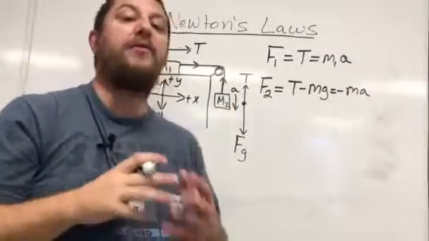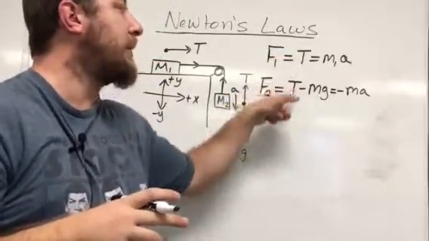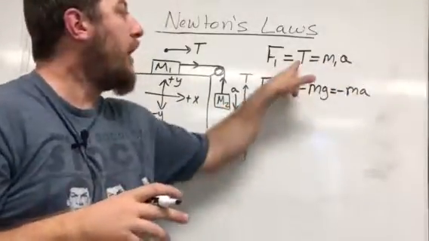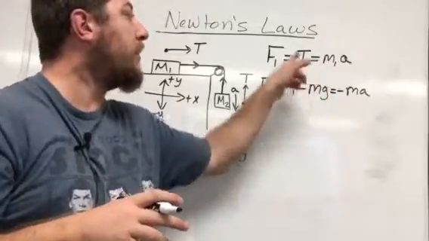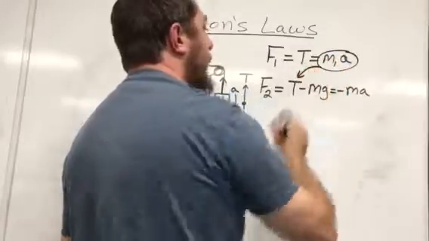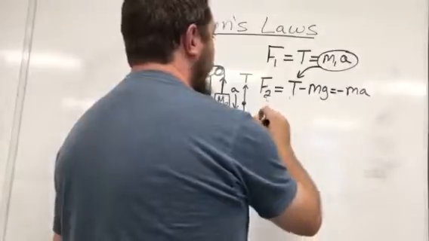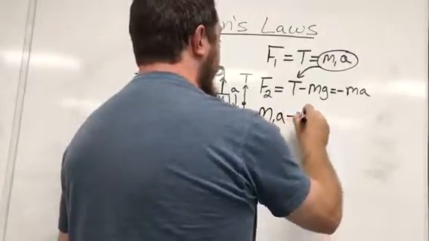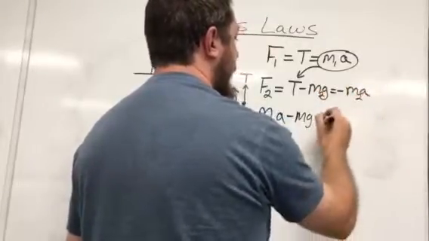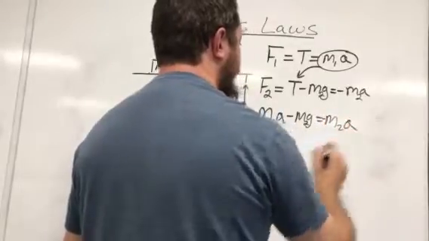So now, we actually have two unknowns and we have two equations. We don't know what the tension is, and we are looking for A. So what I'm going to do, I already have this equation solved for tension, so I'm going to plug this value in right here, and that will allow us to solve for A. So this is going to give me M1A minus M2g equals negative M2A, right?